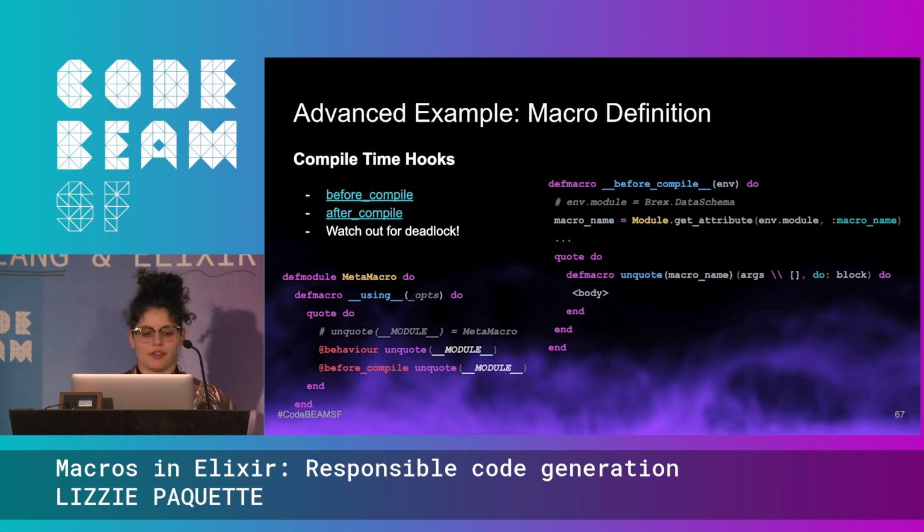Of course, you can get yourself into a bind with deadlocks if you're not careful. Again, this is a lot of code, but this is saying, hey, please, before data schema is compiled, please execute the before compile hook defined in meta macro so that you can grab the module attributes and do this code injection.